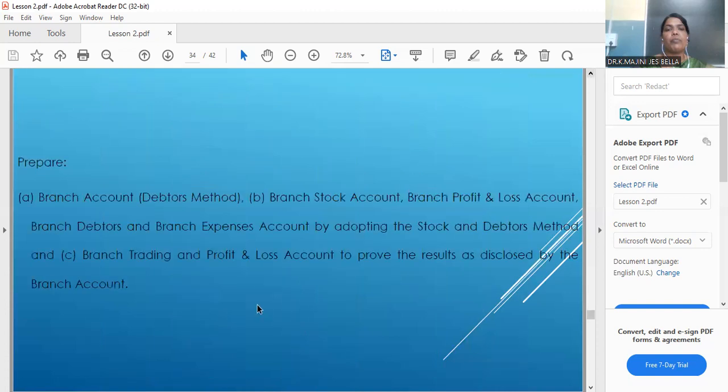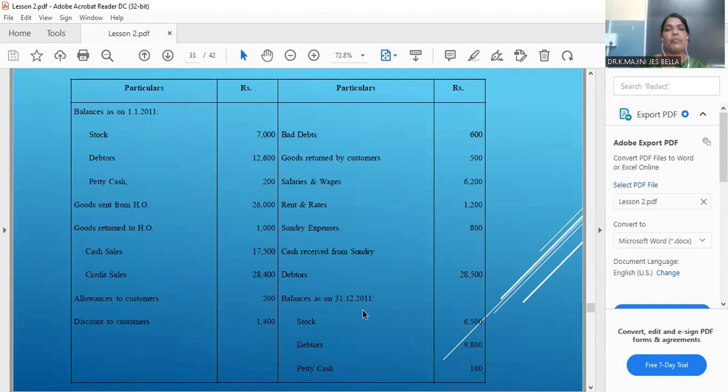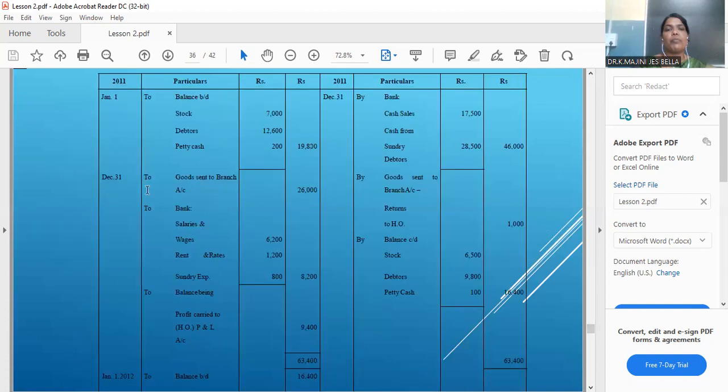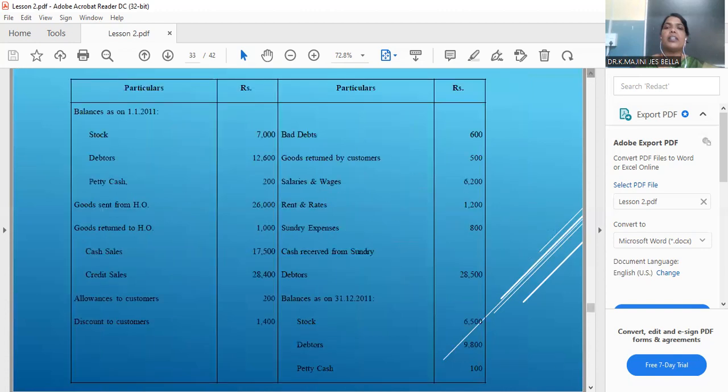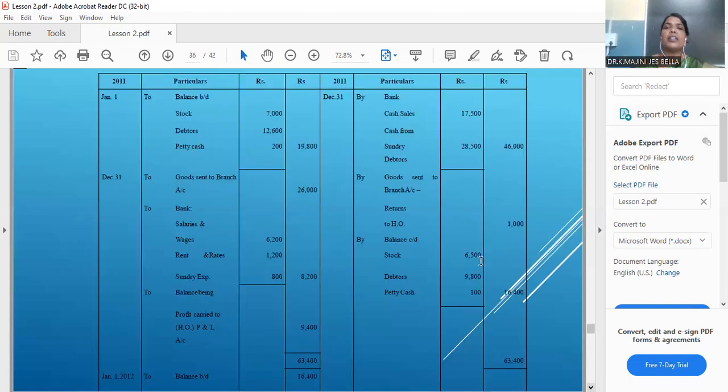Salaries, rent, rates, sundry expenses. So here, salaries and wages 6,200, rent and rates 1,200, then sundry expenses 800. Like the total, then balance being profit carried to head office profit and loss account. How much is it under this calculation?